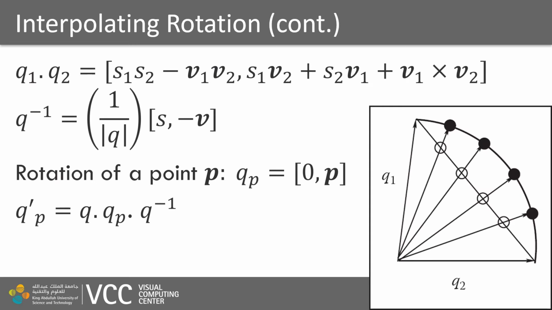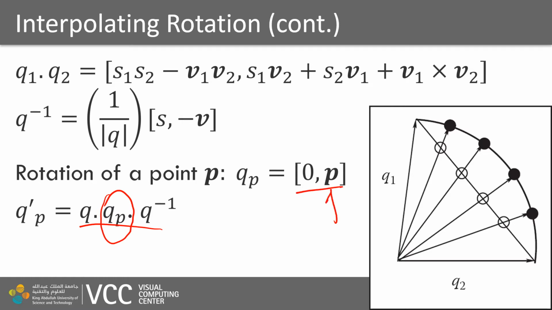How can we use this for calculating rotations? Well, if you have a rotation around which you would like to rotate a point, you can simply calculate the rotation using this formula. You first need to have a representation of your point in quaternions, and it will look like this.